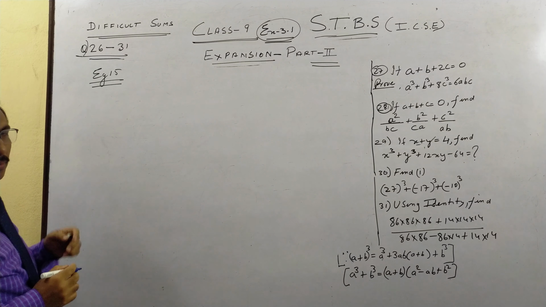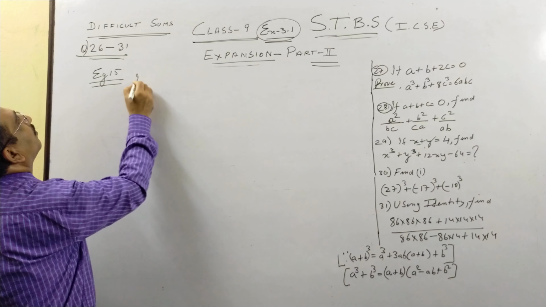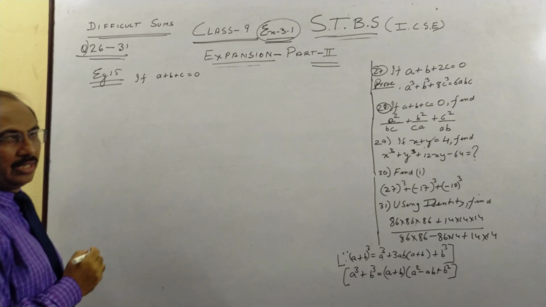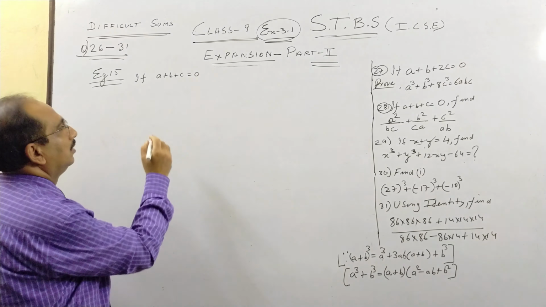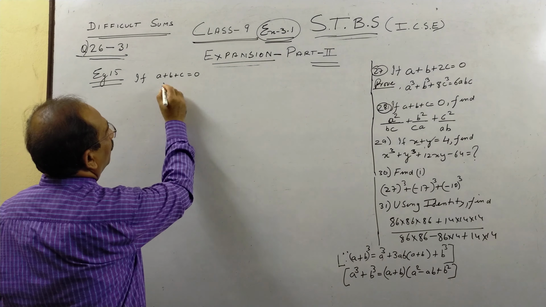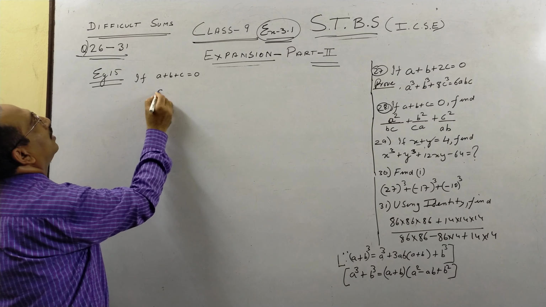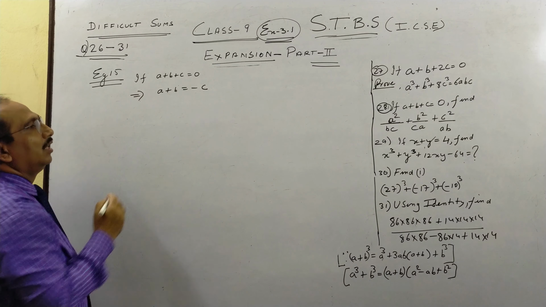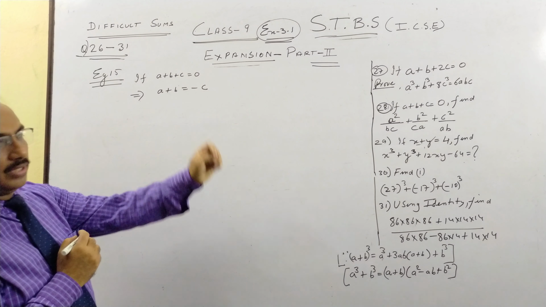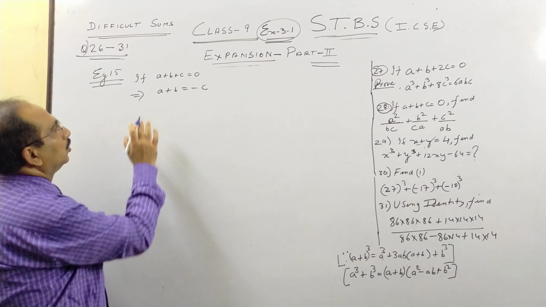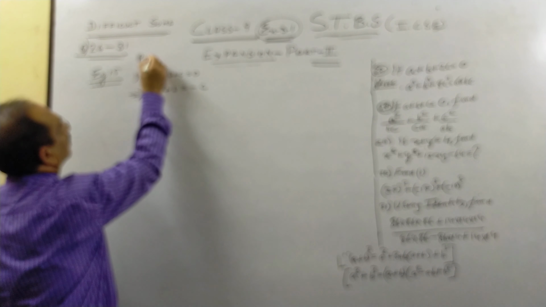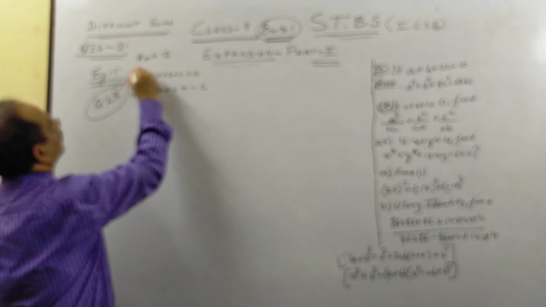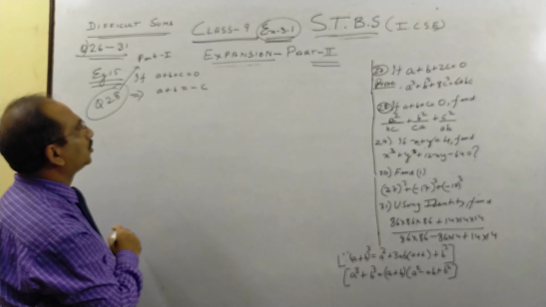You check your book, you will see: if a plus b plus c is 0, one very important conditional formula, then we will solve it. Let a plus b be minus c, as I have solved in the previous one, number 27. So this is part 1 of question 28. Then the second part I will show you.